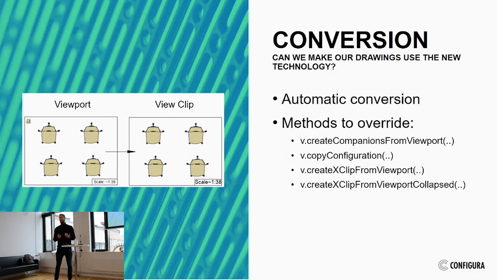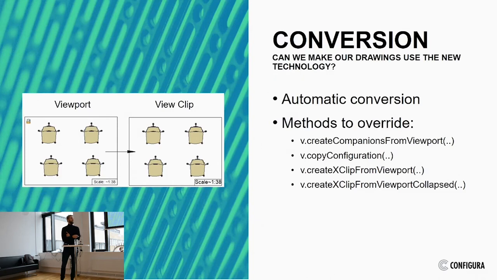But if you have a special viewport, there are some different approaches. Maybe you can take the added functionality and create a companion of it. Then you can simply use create companions from viewport and make that content be converted into a companion, and then it will apply itself on the new view clip automatically.